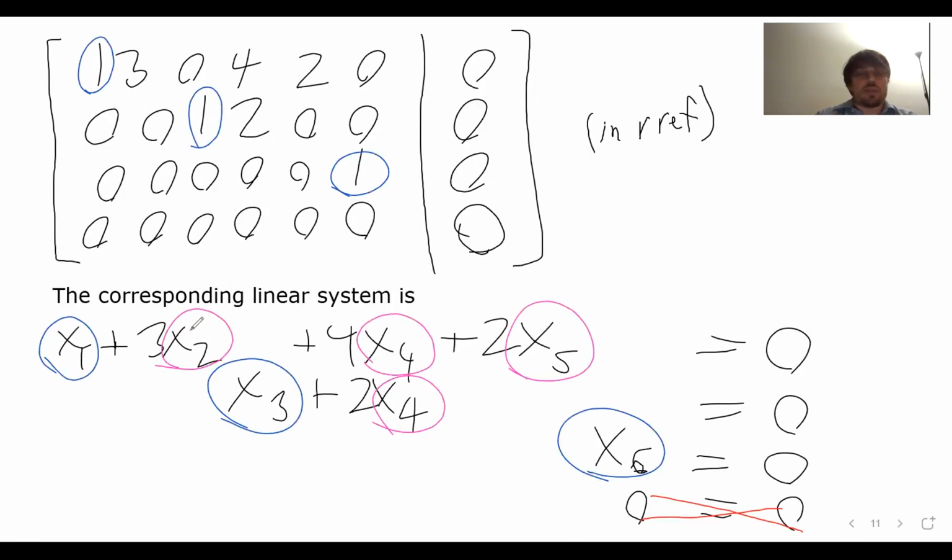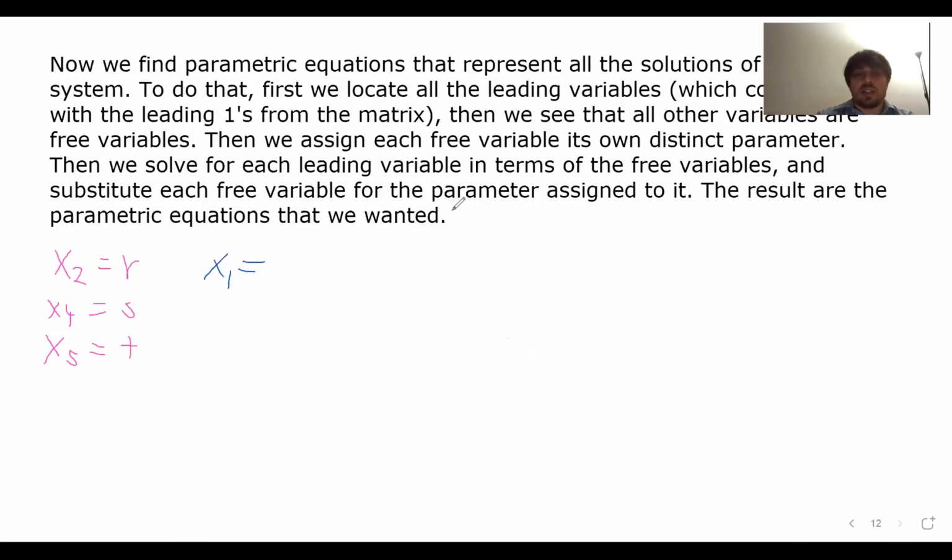So x1 is equal to negative 3x2 minus 4x4 minus 2x5. I'm using colors so you can see: this is the x2 still, this is minus 4x4, and then minus 2x5.